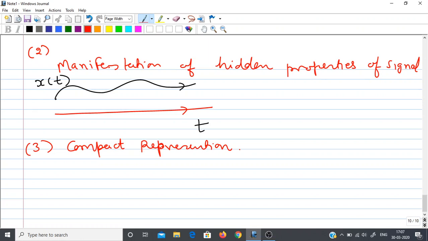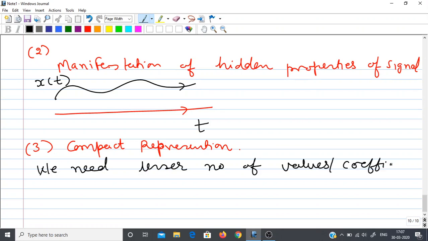So it is very much possible that we need a lesser number of values or lesser number of coefficients to represent the signal in the transformed domain.